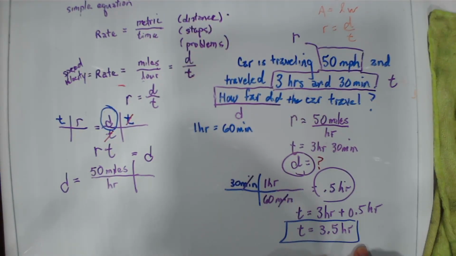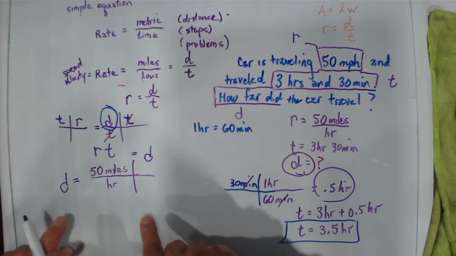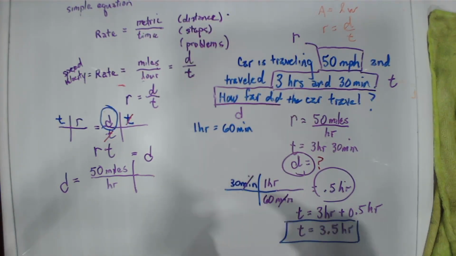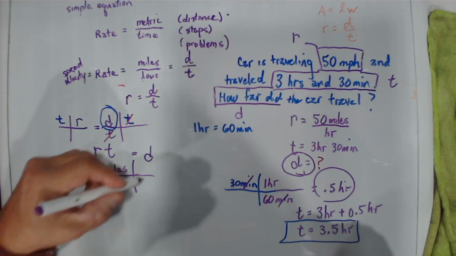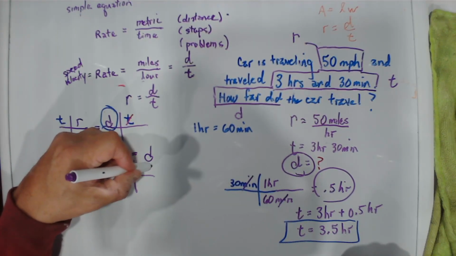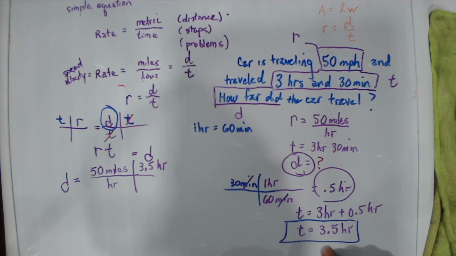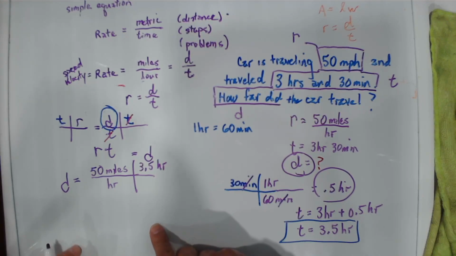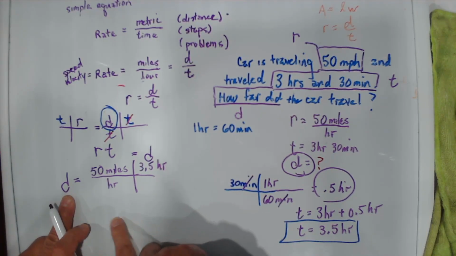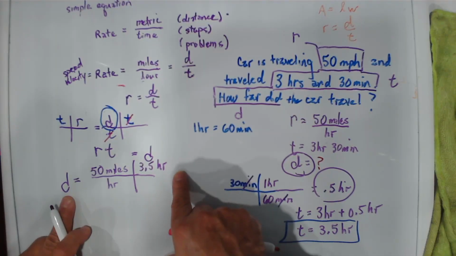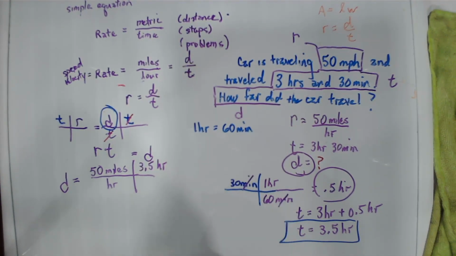So T is 3.5 hours. Where are we going to put T? We're going to put T on top. Okay, so we're going to have 3.5 hours on top. Okay, let's see if that's going to work. Distance is equal to 50 miles per hour times 3.5 hours. Oh, okay, what happens here?